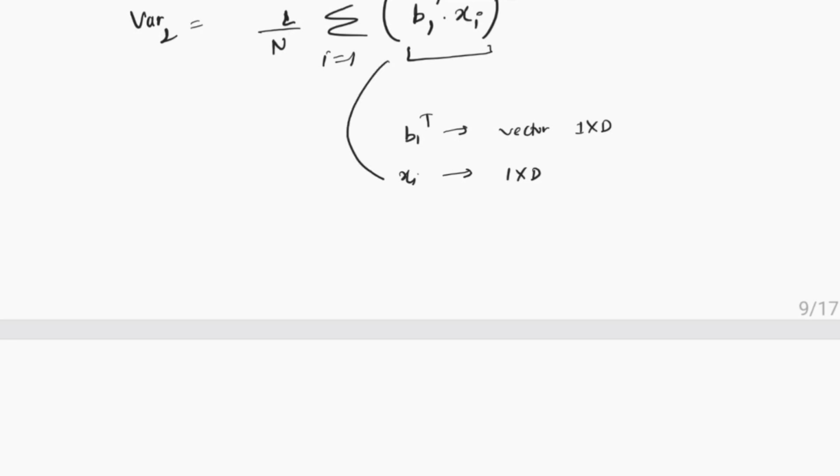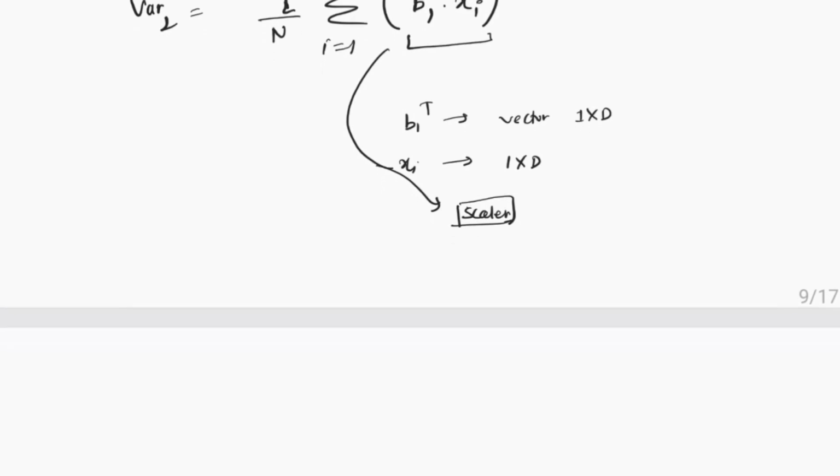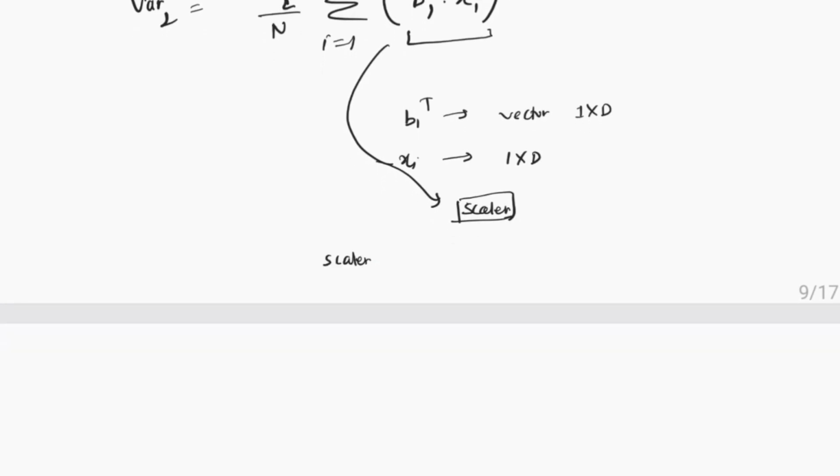When we do the dot product between b1t and xi, it gives us a scalar. And there is a property of a scalar: when you do the transpose of a scalar, it gives you the scalar itself.